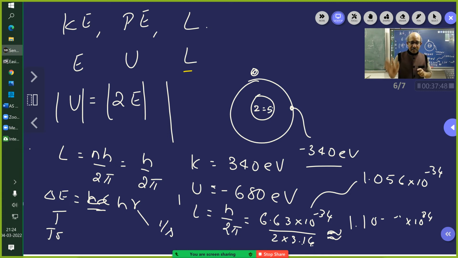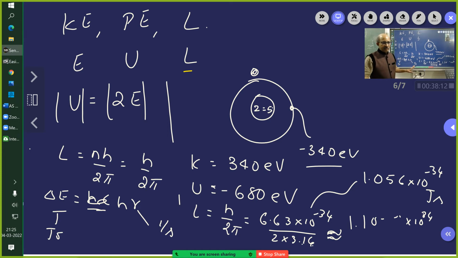The examiners can play with this. They will give you different physical quantities in different units, so you should be able to convert them correctly and handle it. Having got this, you should write the unit as joule second, JS. That's the right answer.